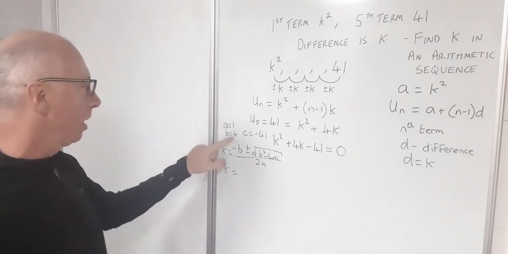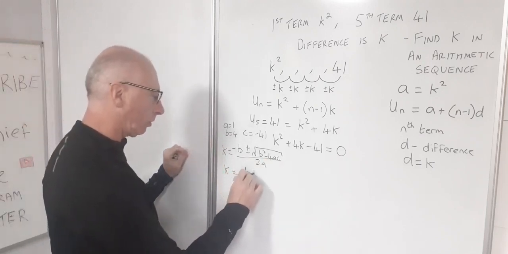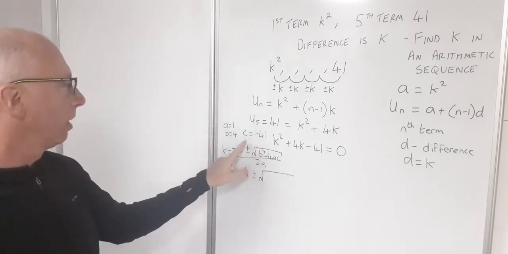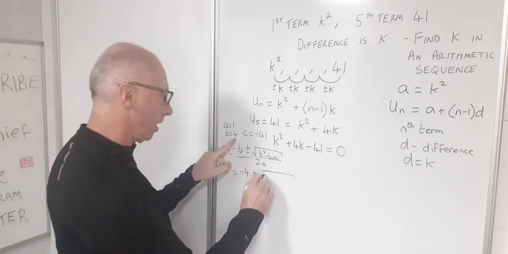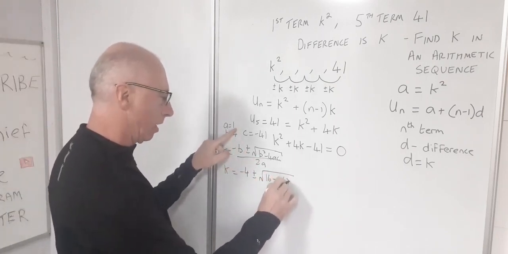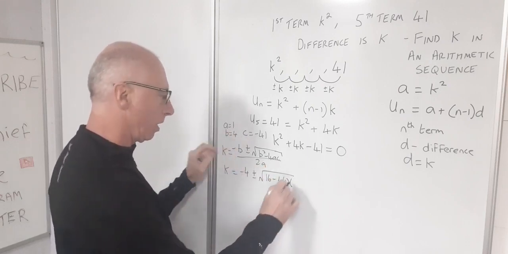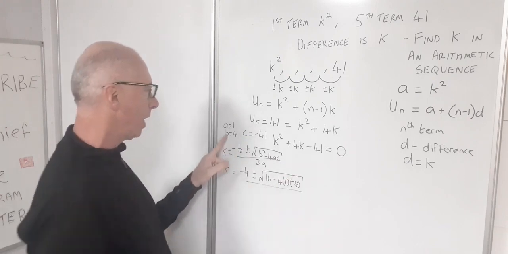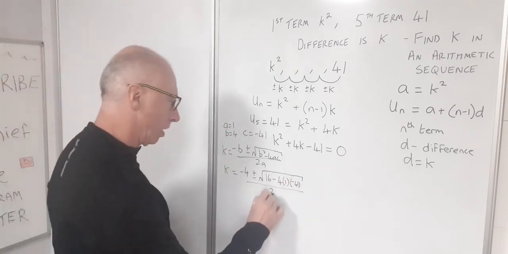So minus b, so that's minus 4, plus or minus square root b squared, that's 4, so that's 16, minus 4 times a times c, which is minus 41. And divide that by 2 times a, which is just 2.